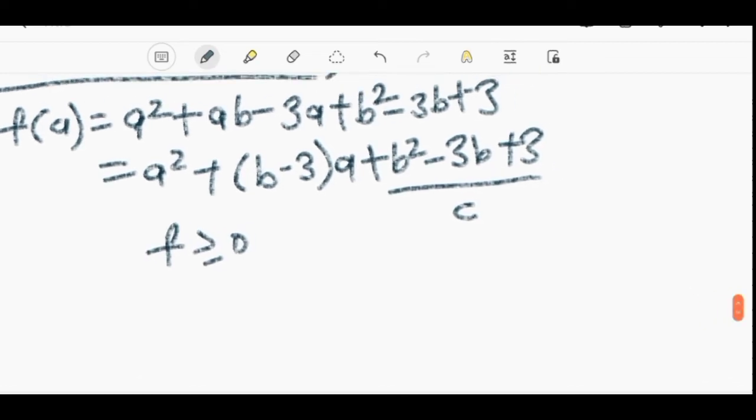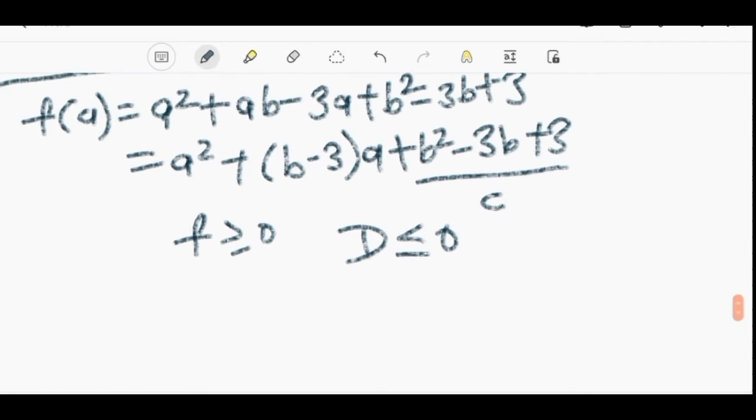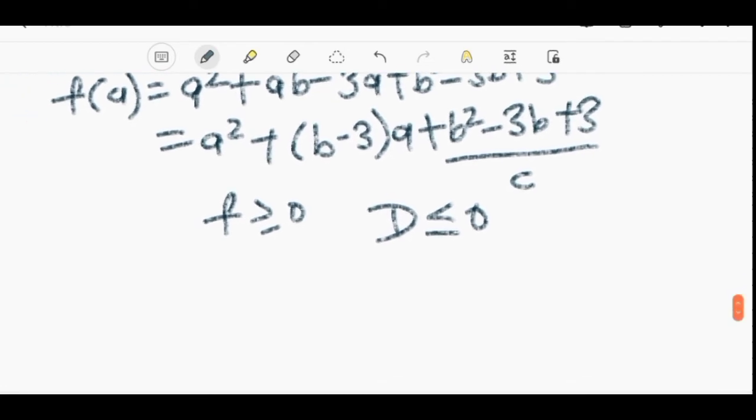For this condition, if a quadratic is greater than or equal to 0, the discriminant must be smaller than or equal to 0. So we can say that the discriminant b squared minus 4ac is smaller than or equal to 0.